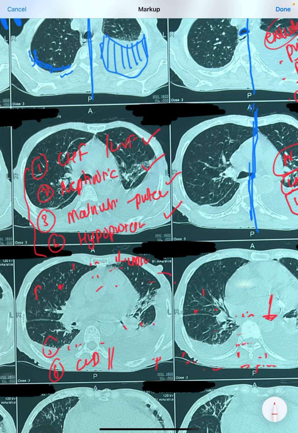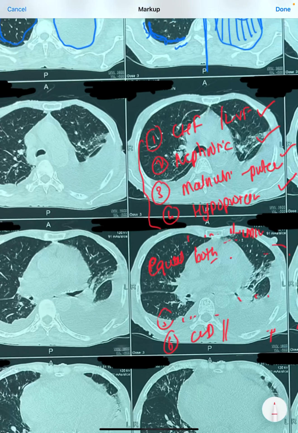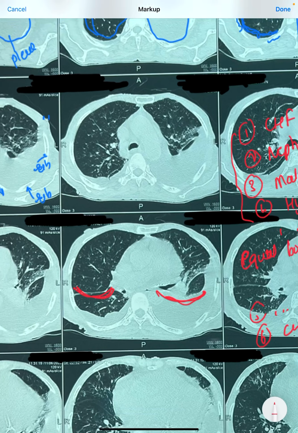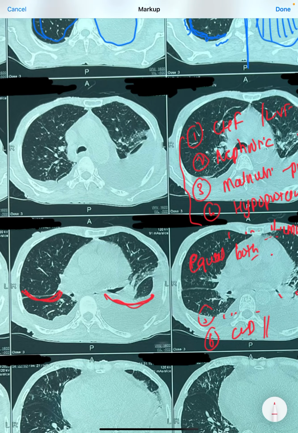So most of the time you will get this pleural effusion almost equal on both sides. You will get right pleural effusion this much and left pleural effusion this much. So usually there will be almost symmetrical pleural effusion on both sides if it is this systemic or transudative problem.